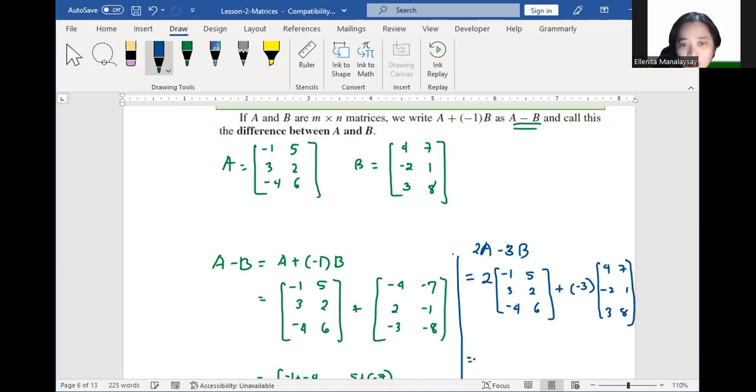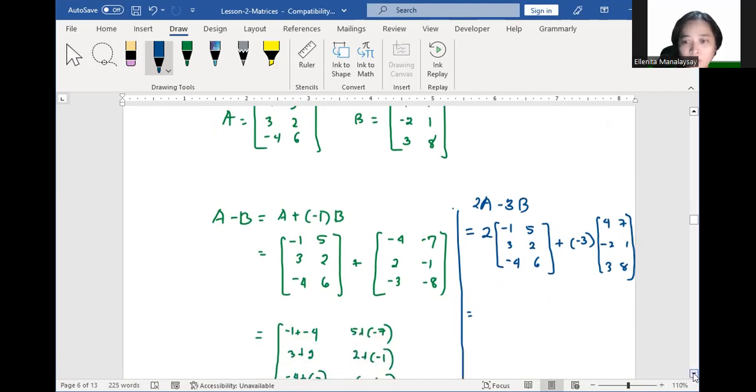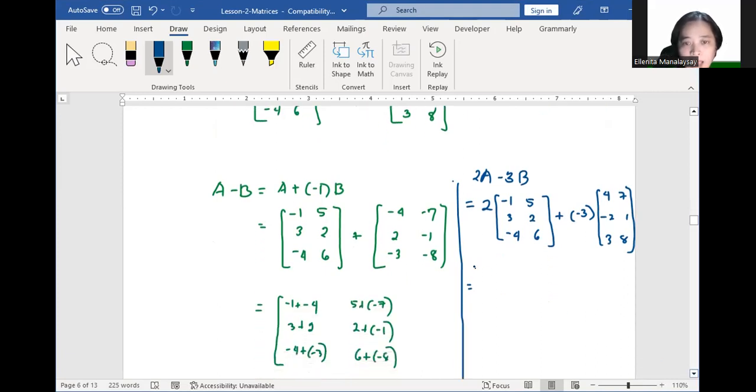So this is equal to, let's perform the scalar multiplication first. Multiply each entry by 2. We have -2, 10, 6, 4, -8, 12.